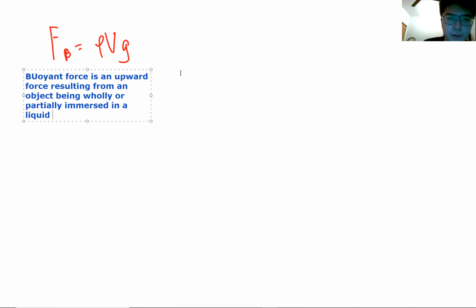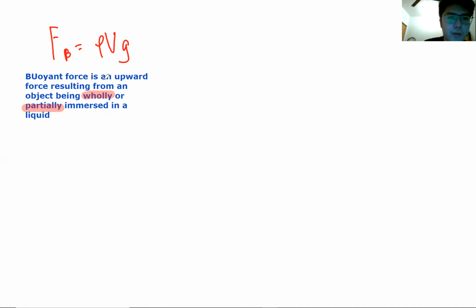So if you look at the definition, it says it is an upward force resulting from an object being wholly or partially immersed, meaning that it doesn't matter whether it is completely immersed or just halfway immersed, there is still buoyant force. All right, this is what it means.